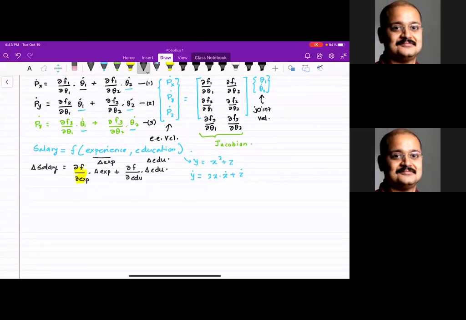So what I'm trying to do here is relate the joint rotations or joint velocities or joint coordinates in terms of inertial velocities, inertial angular velocities and inertial translational velocities. So this coordinate system here is x naught, y naught, and z naught.